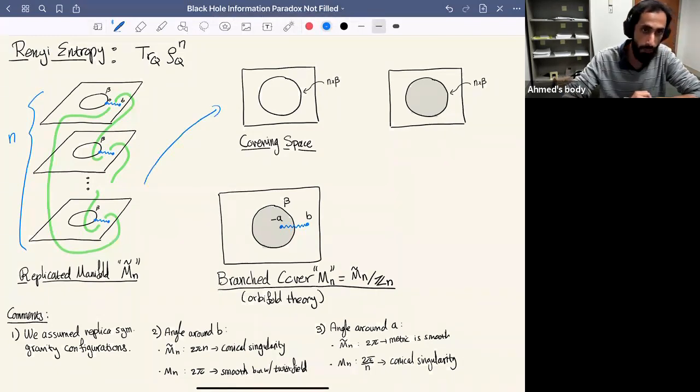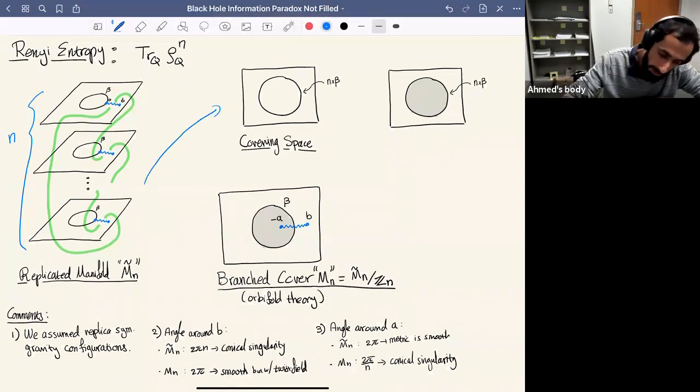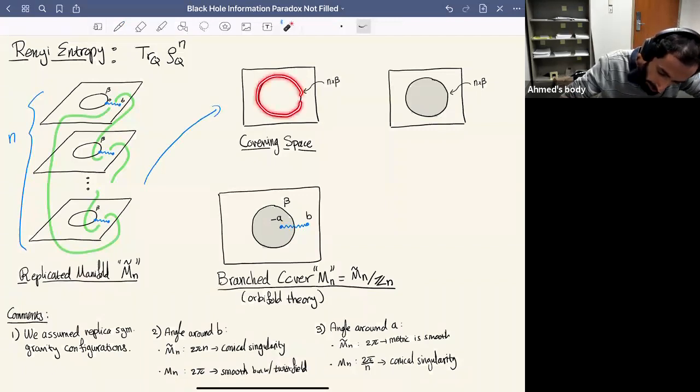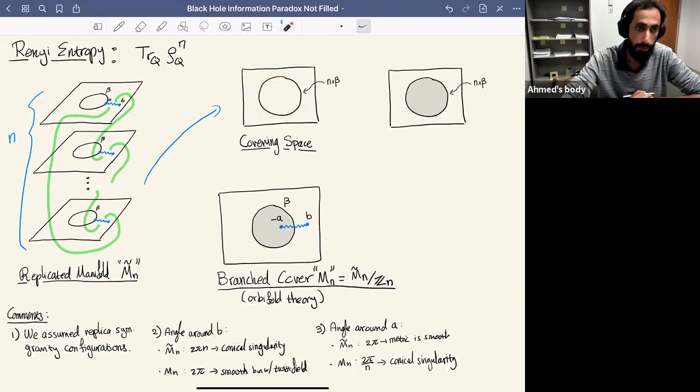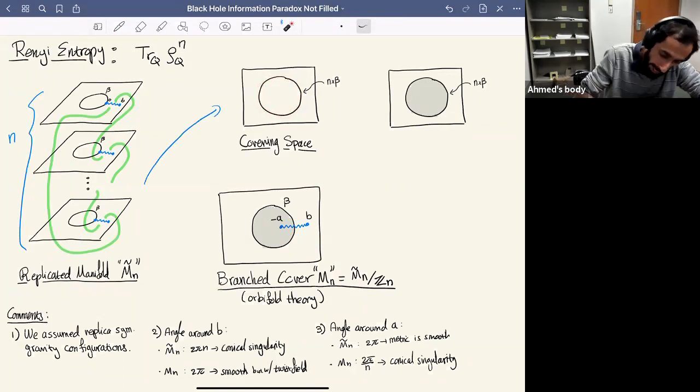One hallmark of going to the covering space is that the length of the AdS boundary gets multiplied by a factor of n. If you look at every one of these sheets, the length of this curve here is beta. That's the renormalized length of the circle, and it's the same for every single sheet.